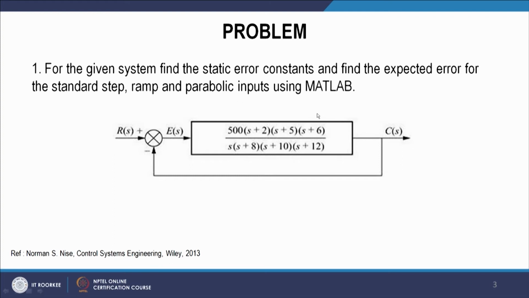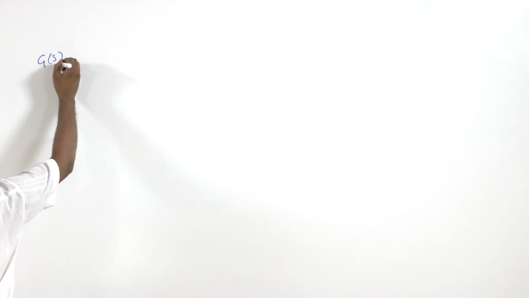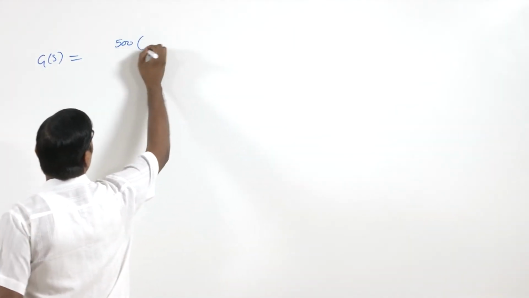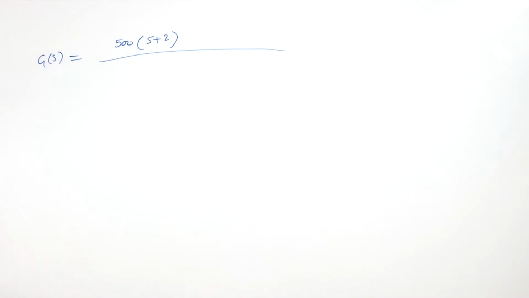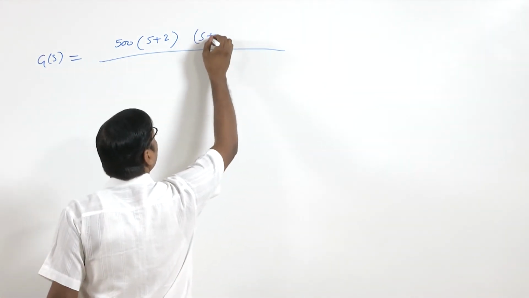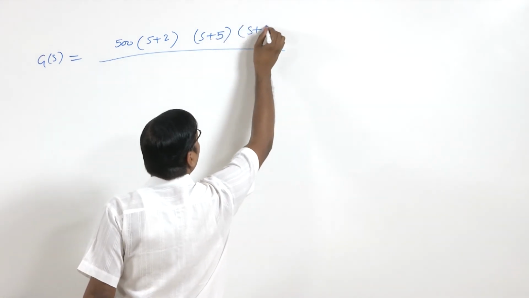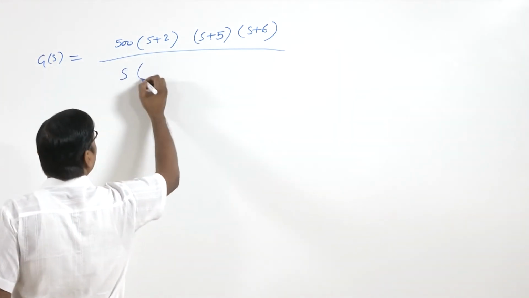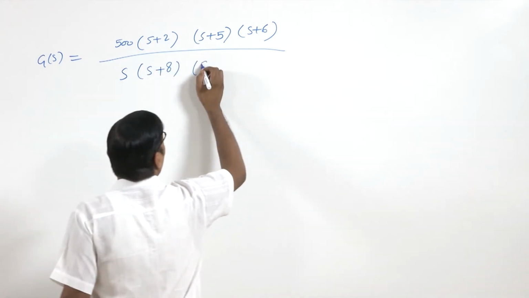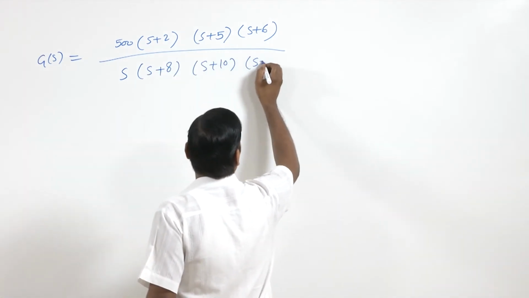So here we have this function, 500 times (s plus 2)(s plus 5)(s plus 6), over s times (s plus 8)(s plus 10)(s plus 12).